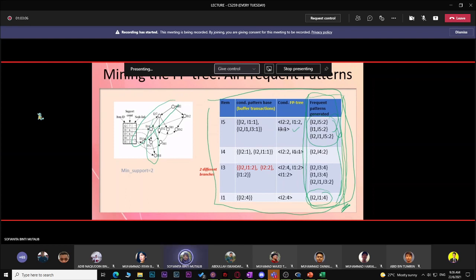Okey. Siapa nak panggil? Puteri. Puteri boleh jawab? What do you think? Ada tak persamaan ataupun perbezaan? Tak nak jawab juga. Okey, senyap je. Kita tanya orang lain. Ataupun ada sesiapa nak beri pendapat.